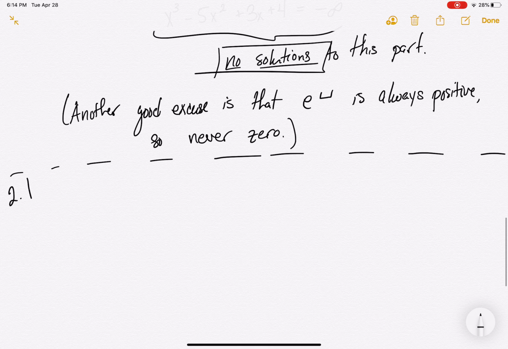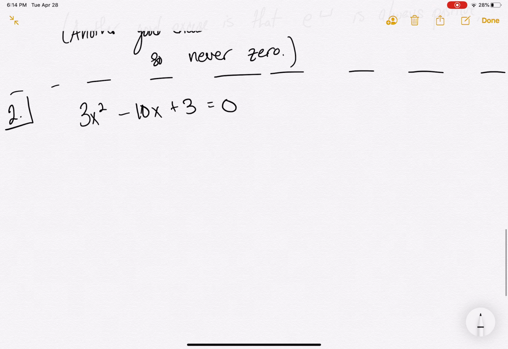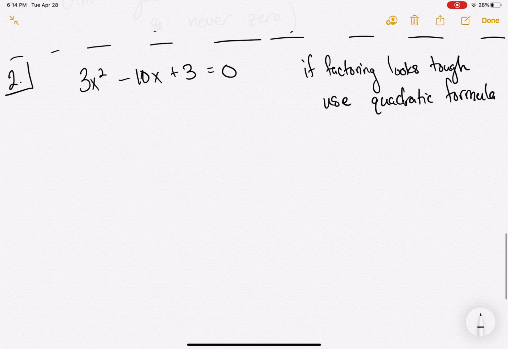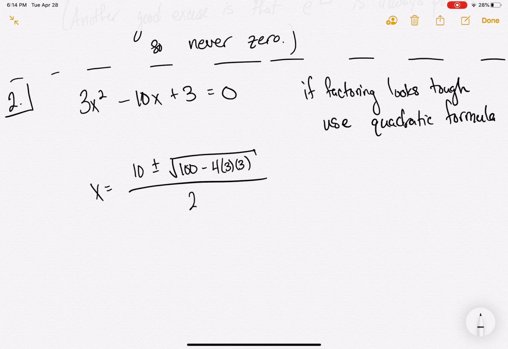So then part 2 is solving the polynomial equation, 3x squared minus 10x plus 3 equals 0. And as always, if factoring looks tough, use the quadratic formula. Which we'll do here. So x equals negative b plus or minus the square root of b squared minus 4ac, 4 times 3 times 3, all over 2a, 2 times 3.